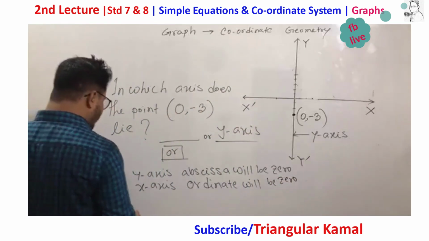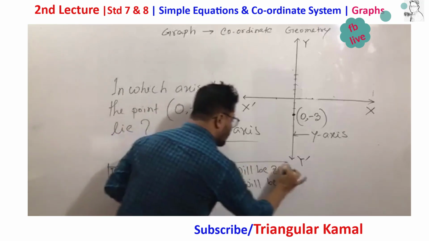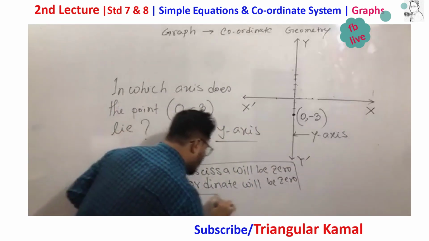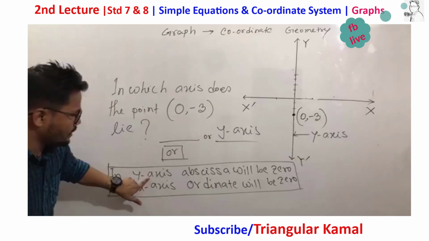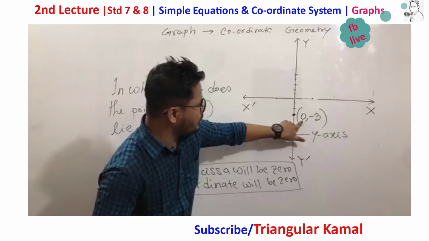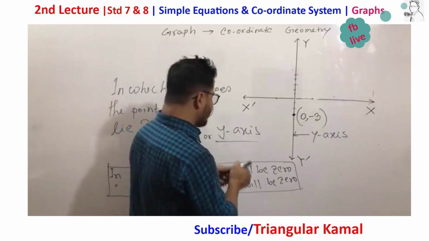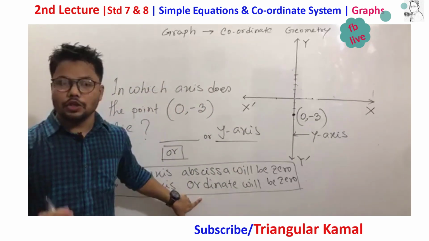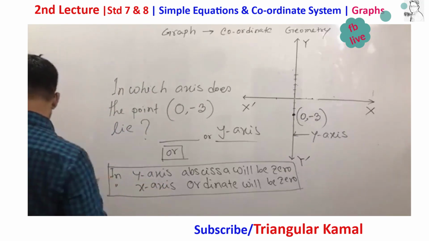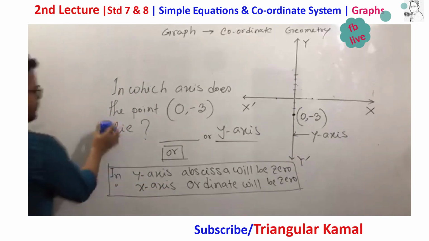My dear students, these are two most important pieces of information here. In y-axis, abscissa is 0, and in x-axis, ordinate will be 0. Okay, let me clear this one again.